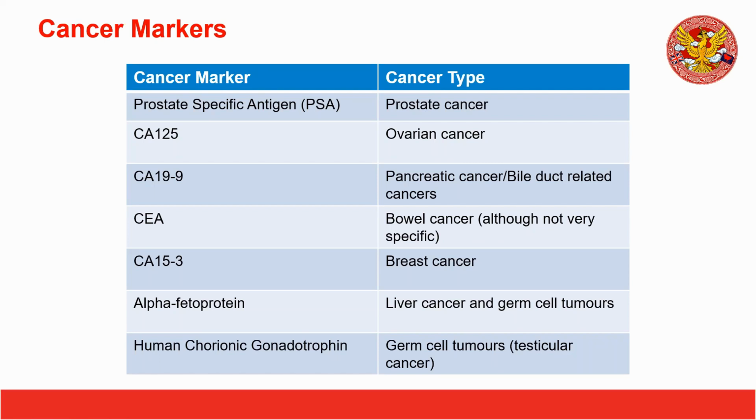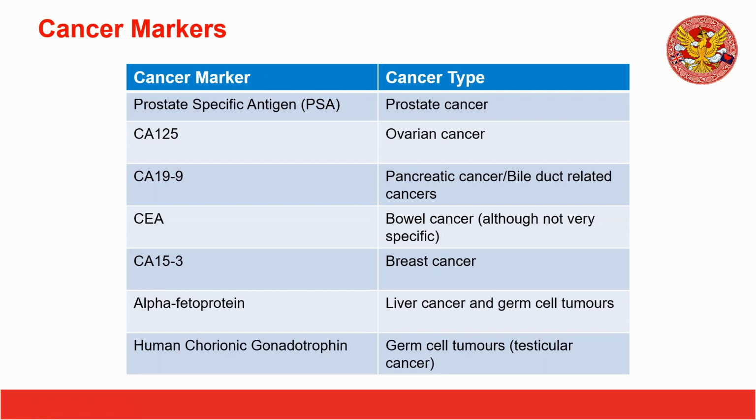CA-19-9 is more for pancreatic cancer or bile duct related cancers. CEA is very non-specific and people don't normally use it, but a raised CEA is indicative of bowel cancer. Again, a lot of things can cause a rise in CEA levels. CA-15-3 is used to diagnose breast cancer.